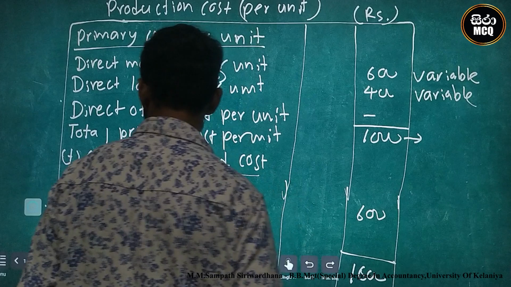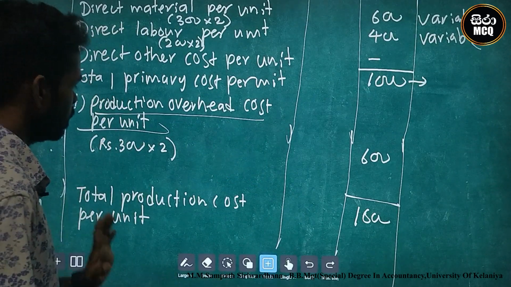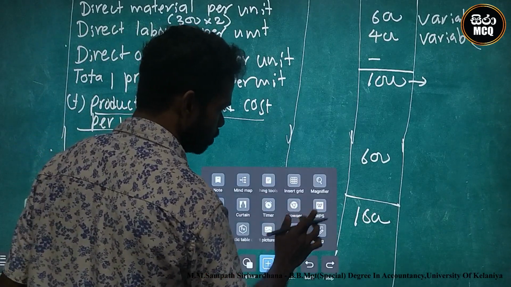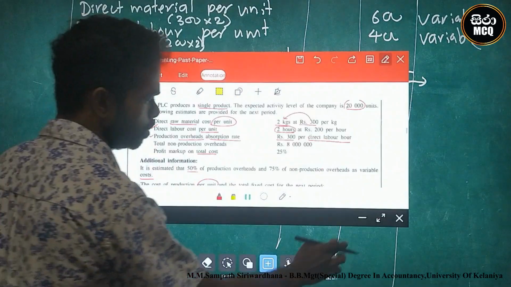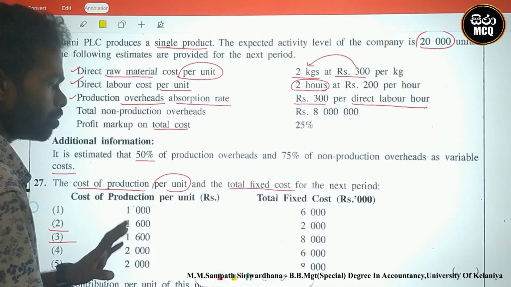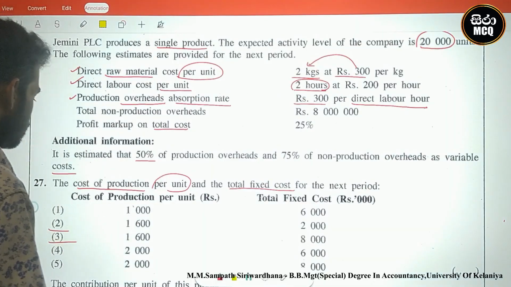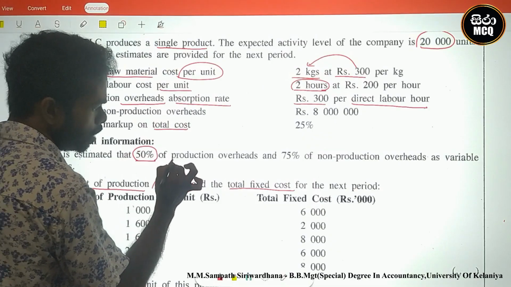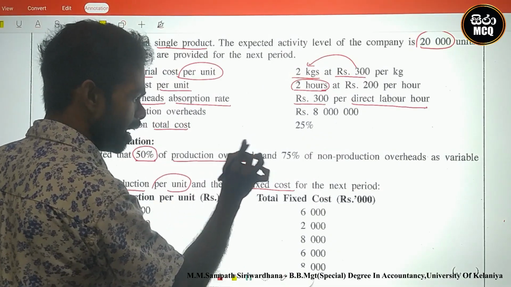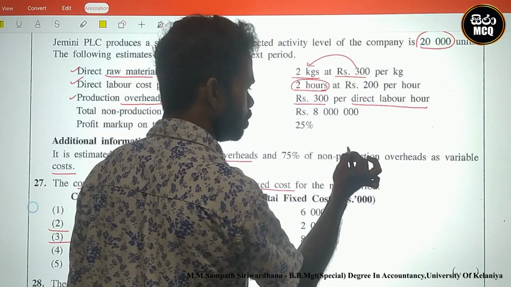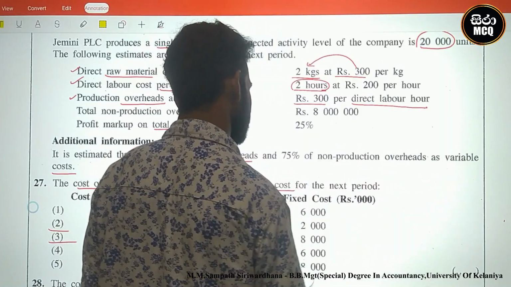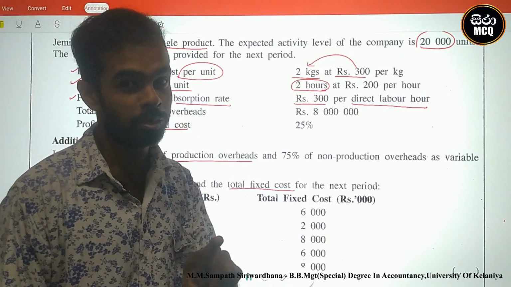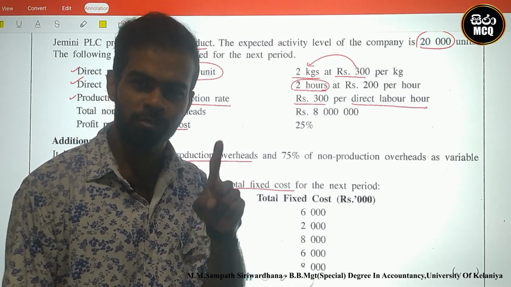At that point, the production overhead cost is calculated. But look here, there is information: it is estimated that 50% of production overhead and 75% of non-production overheads are variable. Therefore 50% is variable and the other 50% is fixed.